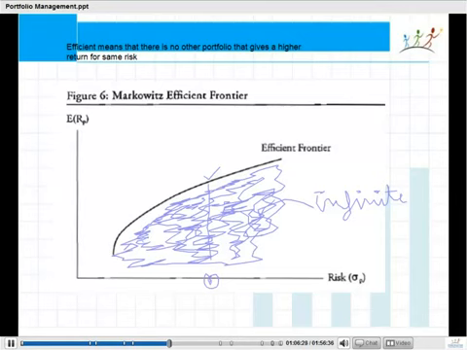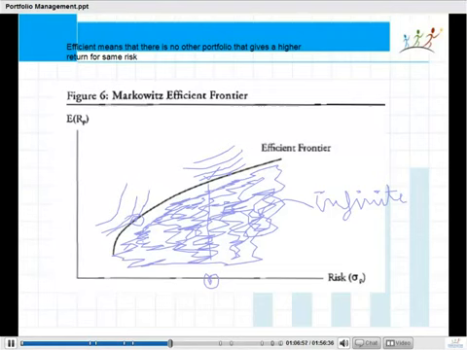So an investor who is less risky or more risk averse, who has steeper indifference curves, will choose a less risky portfolio. Whereas an investor who has flatter indifference curves or is more risk seeking will choose a more risky portfolio.